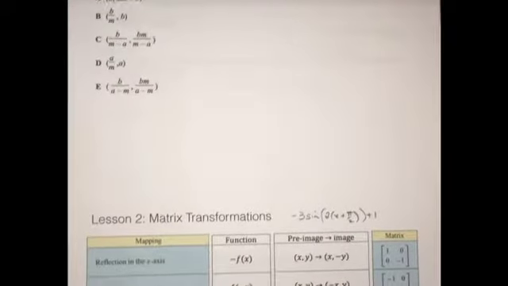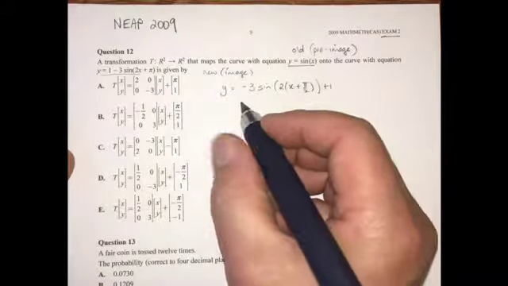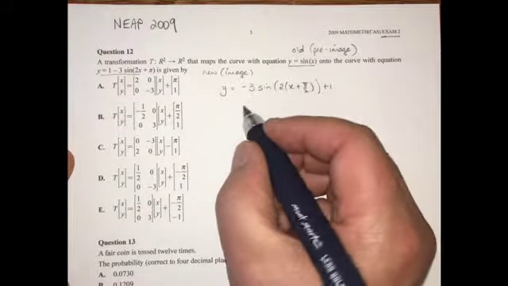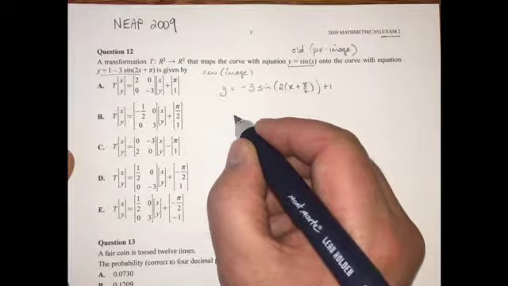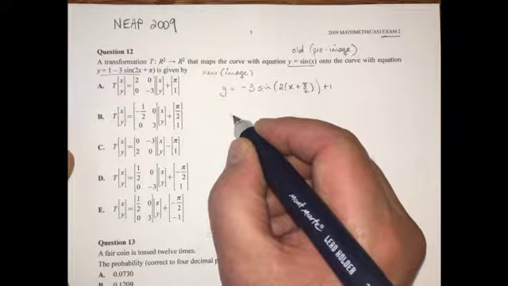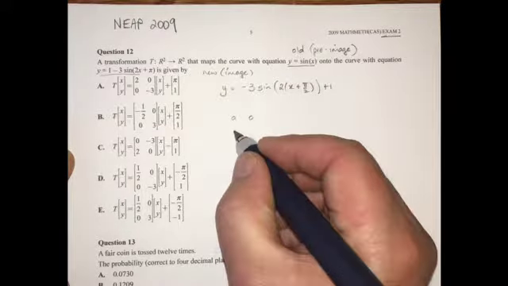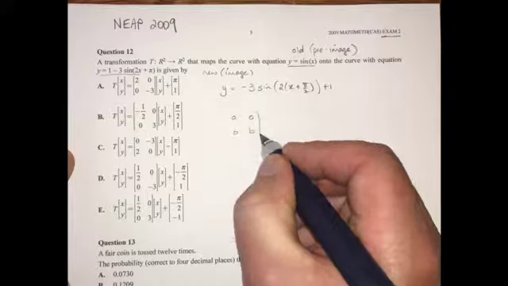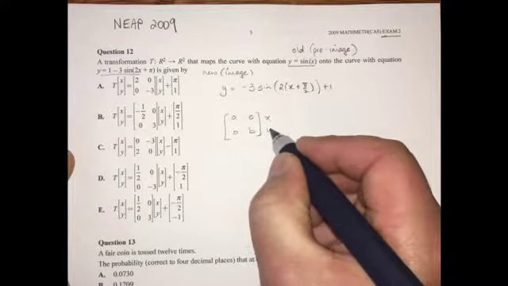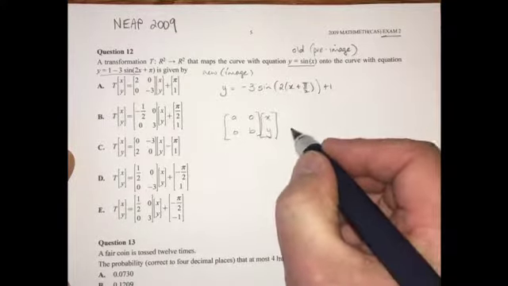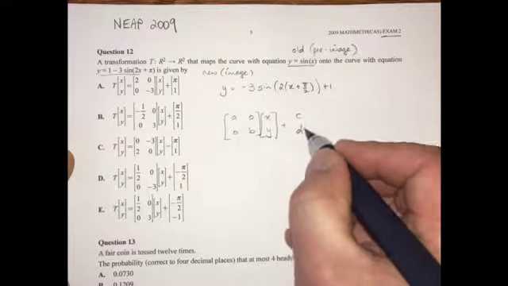So really if we had a translation matrix which looked like this, we could start with 0, 0, b, x, y, plus c, d.